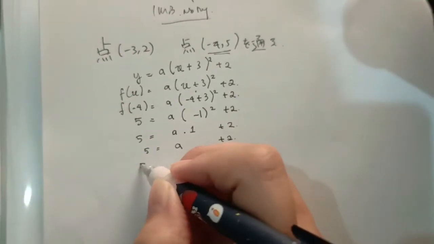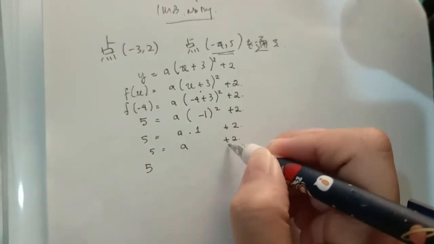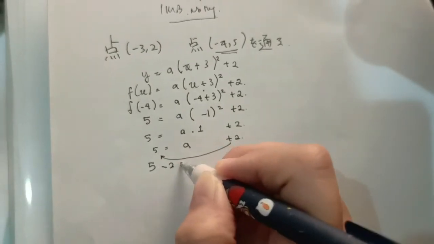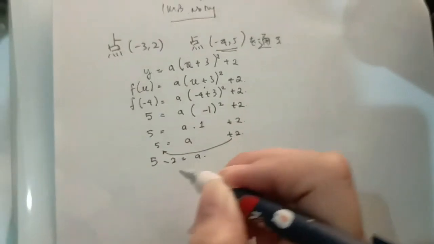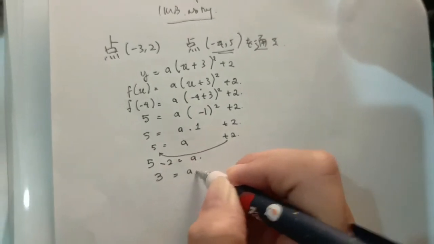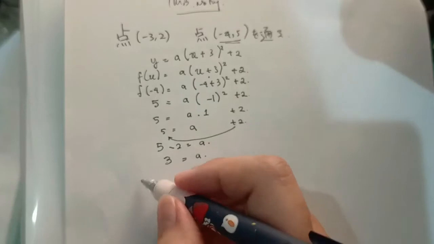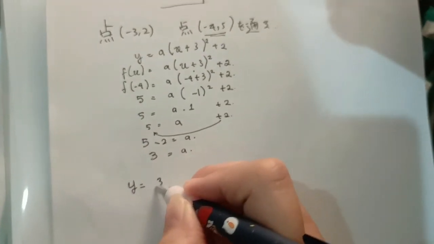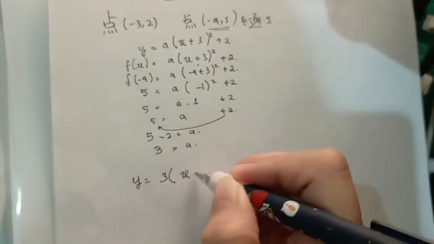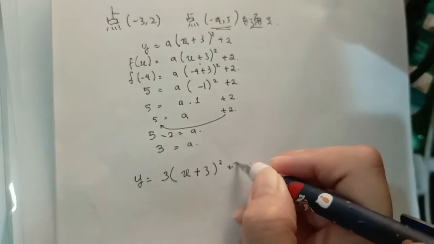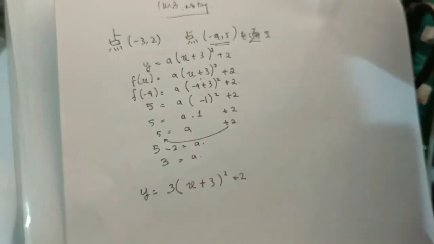So this 2 moves to the left, becomes -2. 5 minus 2 is 3 equal a. So the a is 3. So we can write it down as y equal to 3 in the bracket x plus 3 squared plus 2. Only like that.